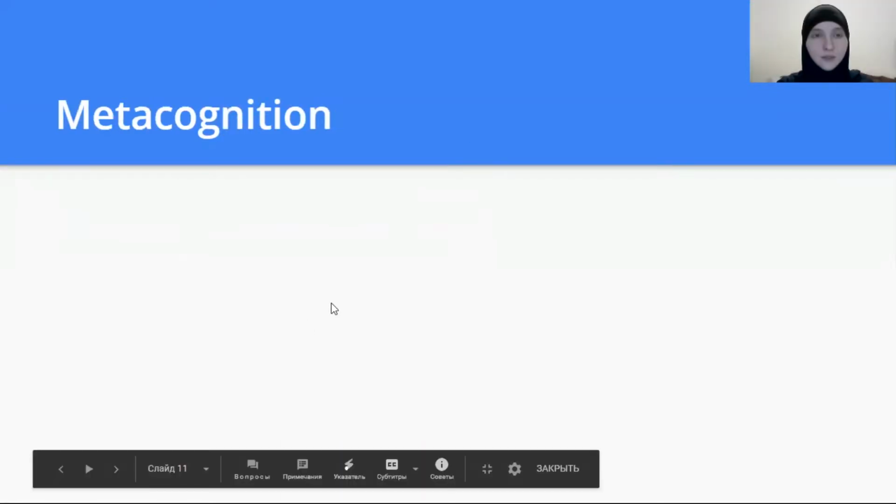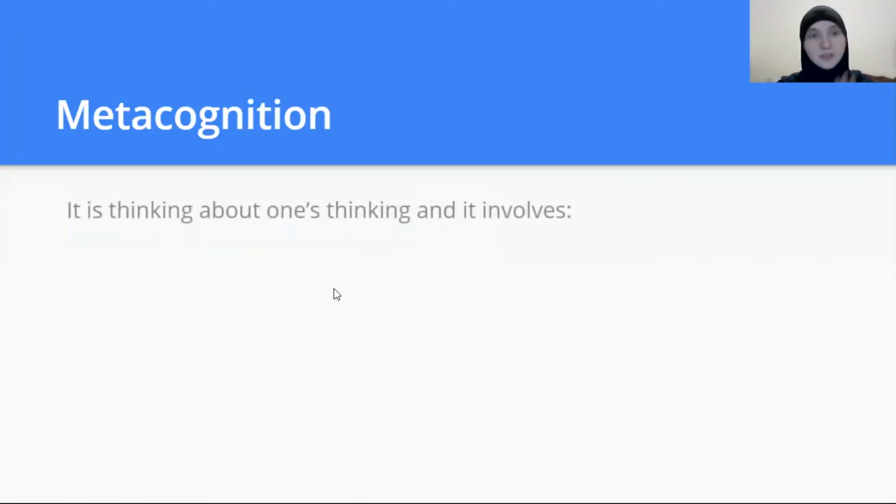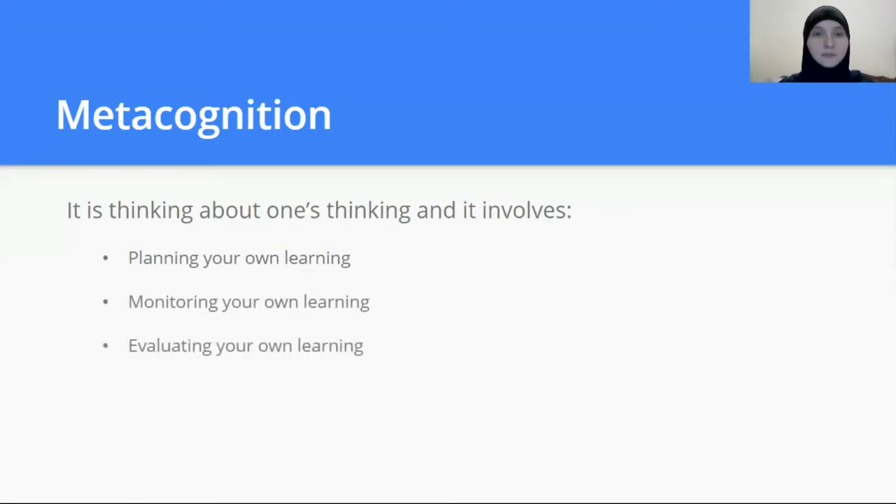Now, the first set of strategies would be metacognition, and I'm sure that you have heard about this word. In simple words, it means thinking about one's thinking. So we basically want our students to think about what works for them, how to evaluate themselves, and so on and so forth. So we want to teach them how to plan their own learning, how to monitor it, and how to evaluate it.